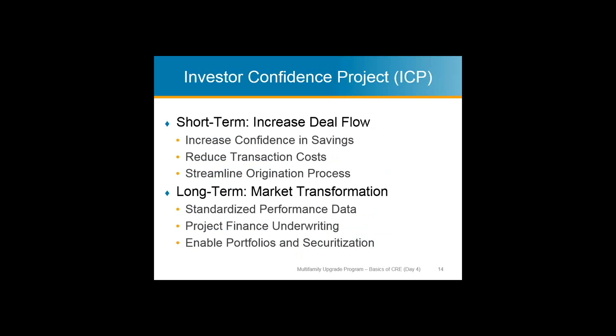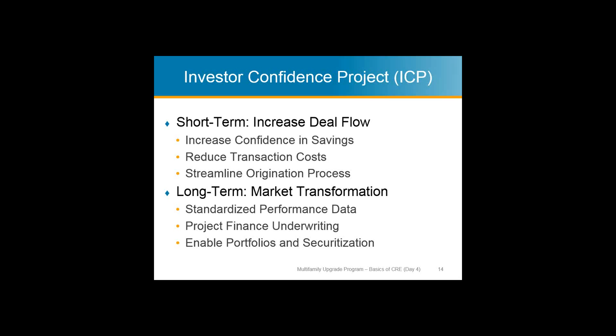So how do these things materialize both in the short term and the long term life of the project and the asset? The short-term and long-term goals here are for the Investor Confidence Project itself and how they are looking to influence the market.